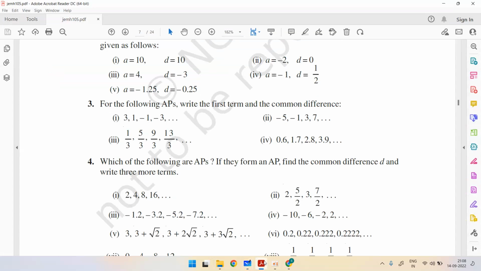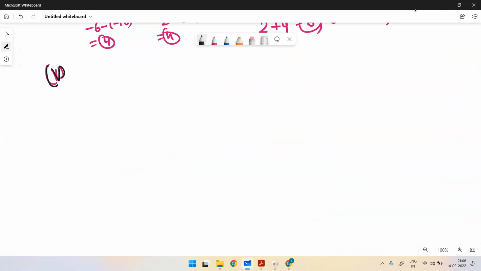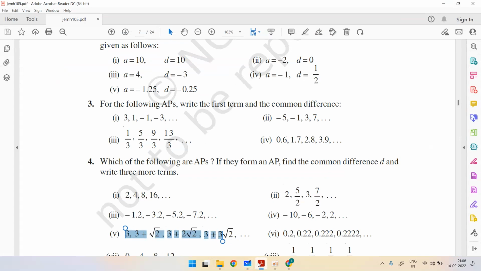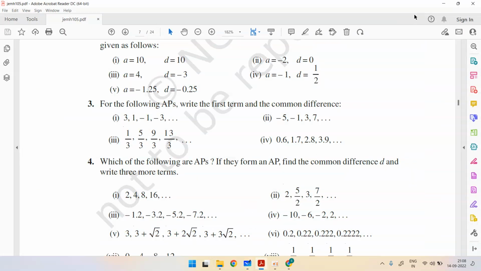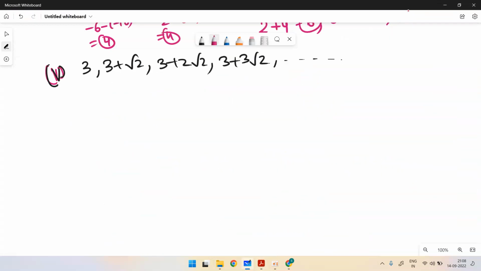The fifth part is 3 plus root 2, 3 plus 2 root 2, 3 plus 3 root 2. This is given as the series, and from here we can see the common differences. This is 3 plus root 2 minus 3, which is nothing but root 2.